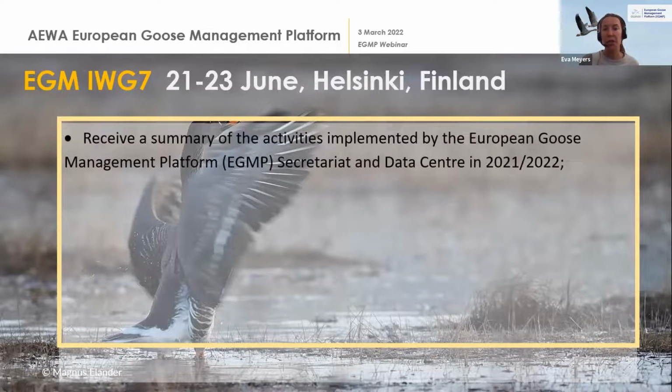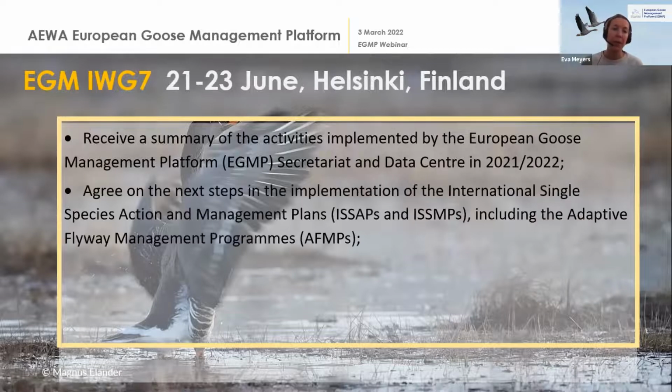But just to give you a very rough overview of what will be discussed in the upcoming meeting, the International Working Group will receive a summary of all the activities that have been implemented by the platform, the Secretariat, the Data Centre, and the different bodies. There will be an agreement on the next steps in the implementation of the International Single Species Action and Management Plans, including the Adaptive Flyway Management Programs.